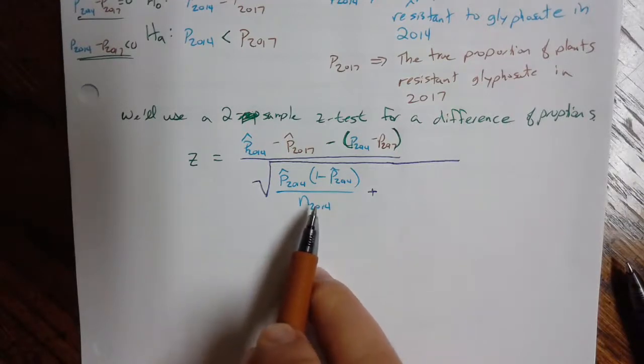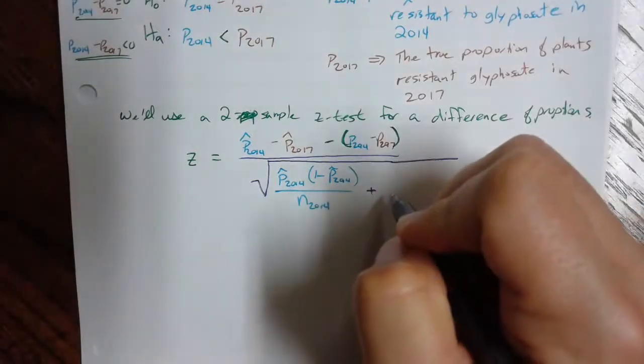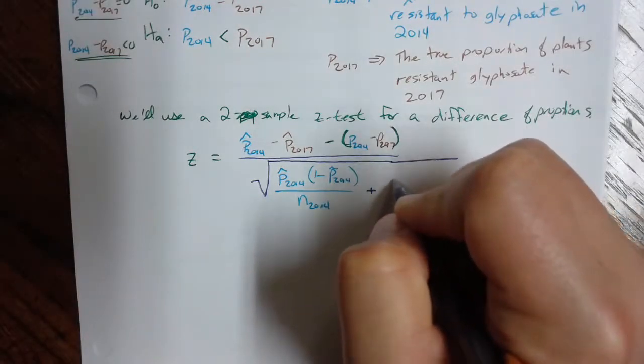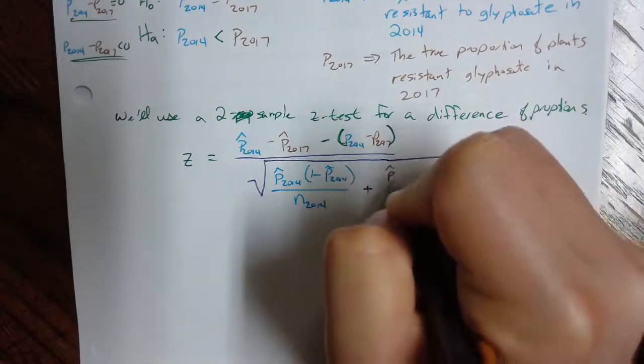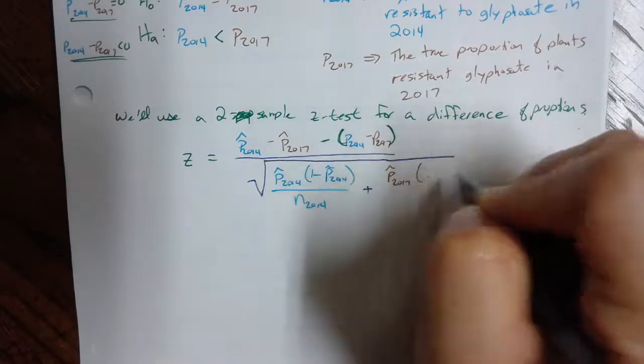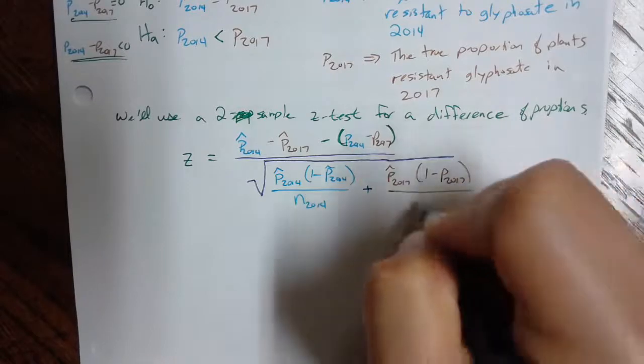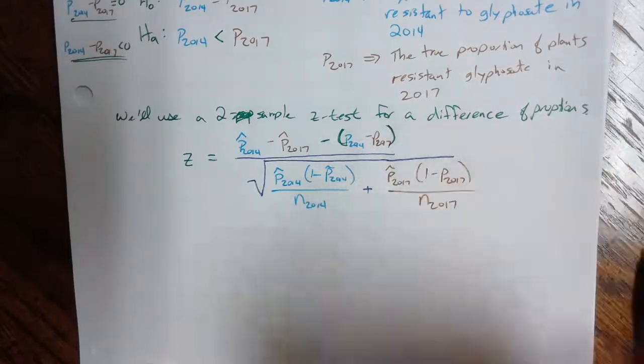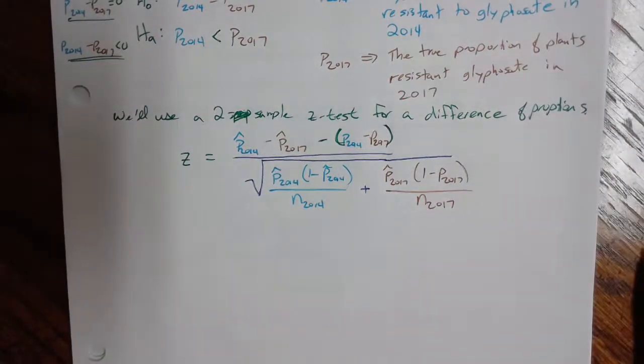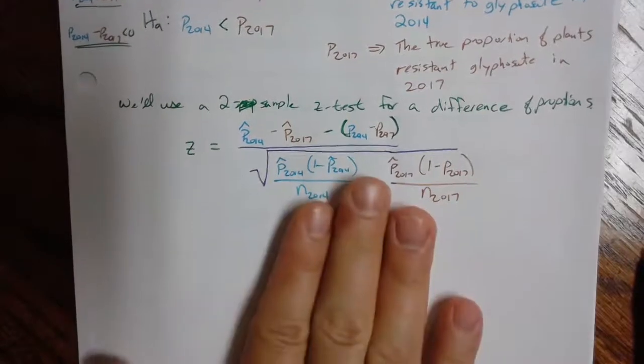And we're going to do the same thing with 2017. So we use that sample, 1 minus that sample, and divide by this sample size from that year. So all of this will be what we'll use to calculate our statistic in just a minute.